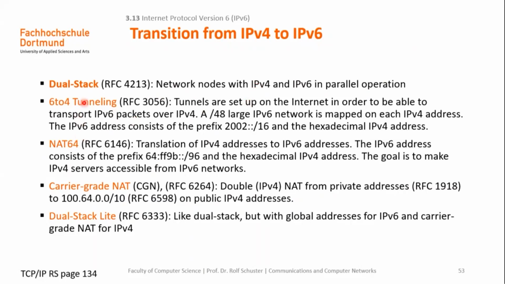One is the 6 to 4 tunneling. Tunnels are set up on the internet in order to be able to transport IP version 6 packets over IP version 4 network. Then in that case, we use a particular prefix, and we could transport the IP version 6 datagrams encapsulated into IP version 4 datagrams.